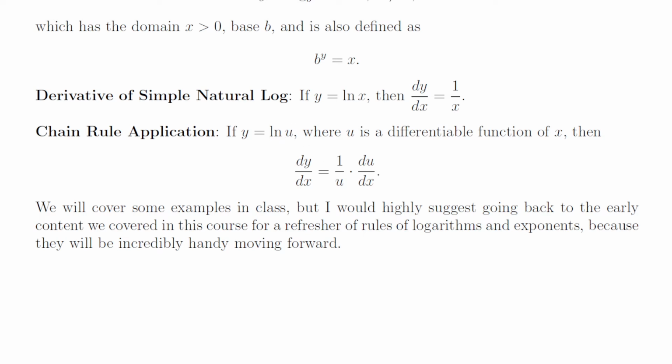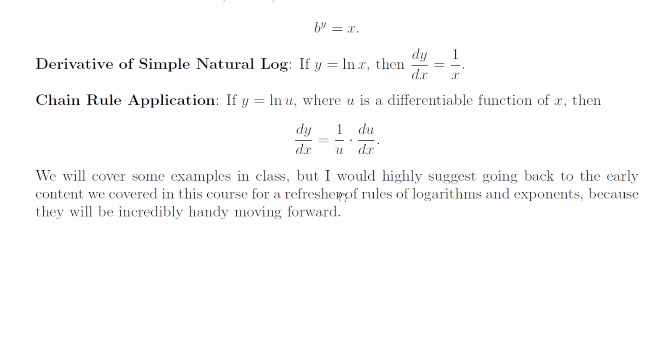In a similar sense, when we have a polynomial raised to a higher power, say 2x plus 1 to the 4th power, we treat the 2x plus 1 like the u, take the derivative of u to the 4th, which is 4u to the 3rd, and then multiply it by the derivative of u. So in a sense, that's what we're doing here. It's the chain rule applied to this.